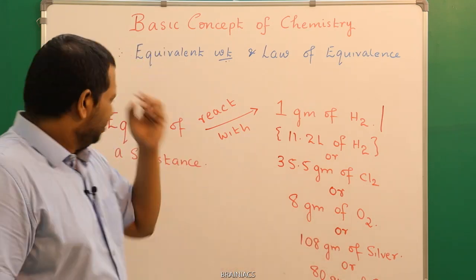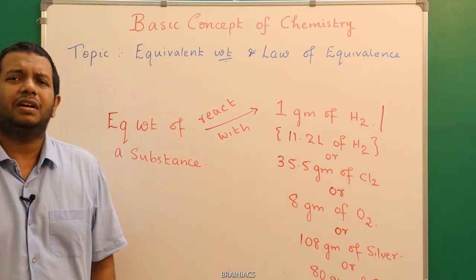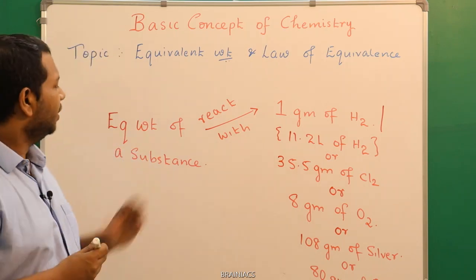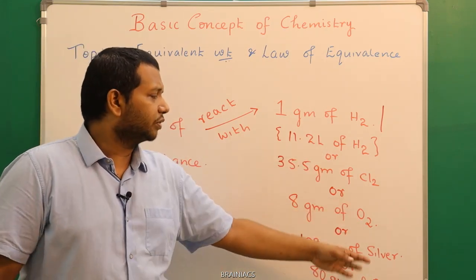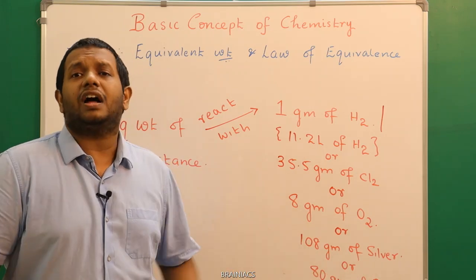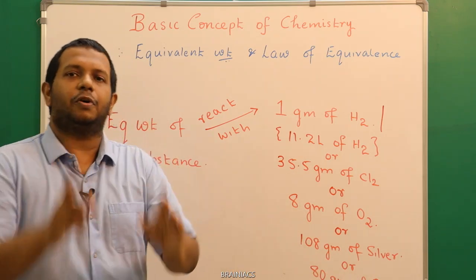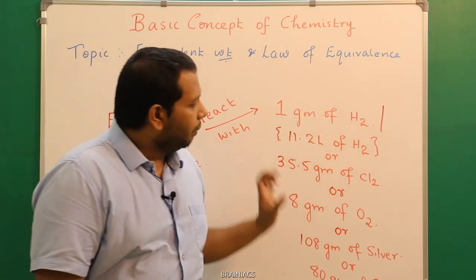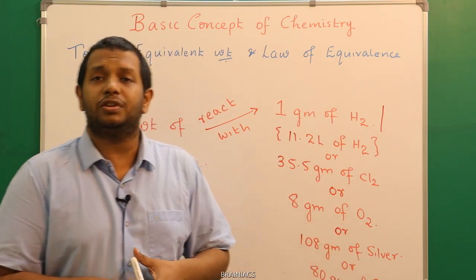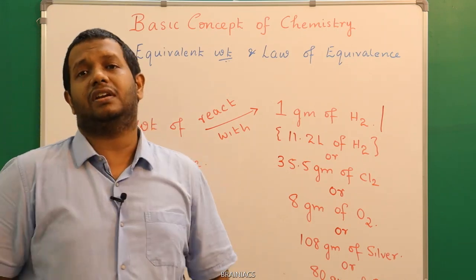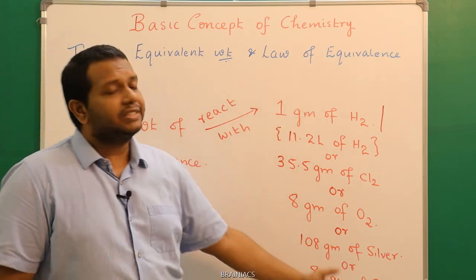Now many students will say, sir, you are always trying to define the equivalent weight of a substance with hydrogen, chlorine, oxygen, silver, or bromine. Why can't we take other elements? The reason is, these constitute 80% of the reactions, or they are the major reactions.